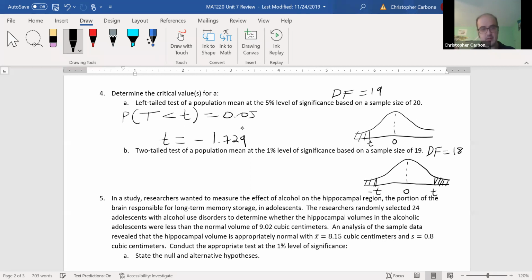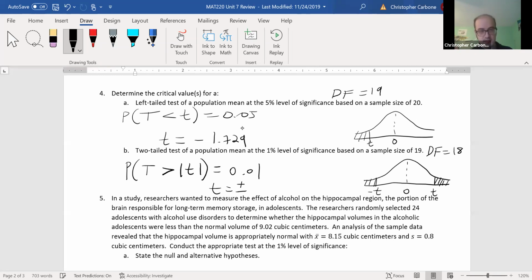But those two add up to be the 1%. So this is the probability we have a t-score that is greater than the absolute value of t is equal to 0.01 in our case.